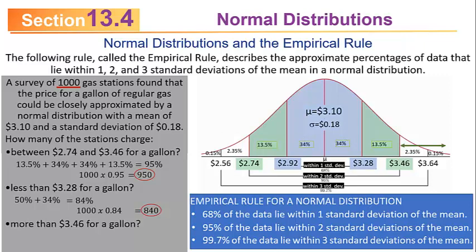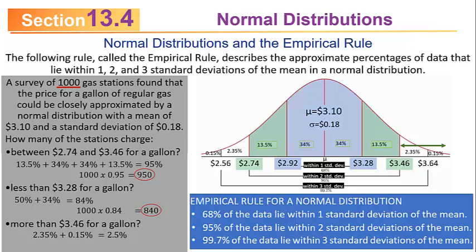Well, again, looking at your chart, more than 346 means to the right of 346, and you can see that there are just two numbers out there, 2.35 and 0.15. If you add those up, you're going to get 2.5%. You could also use a subtraction approach and say, I know that it's going to be 50% to the right, and I can take away the 34 and 13.5, and that would give me the same answer.